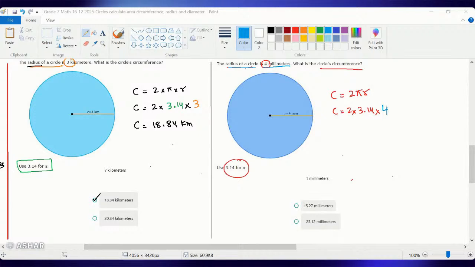So 2 multiplied by 3.14 multiplied by 4. The answer would come out to be, can anyone give me the answer? No. 2 multiplied by 3.14 multiplied by 4 can never be equal to 10. We are multiplying these three numbers together.